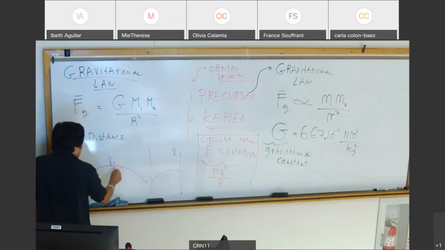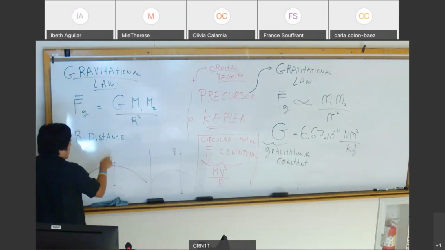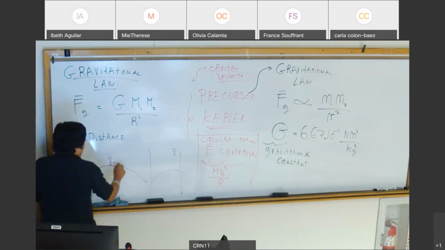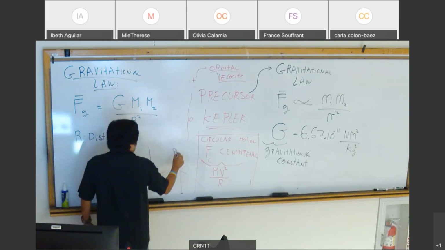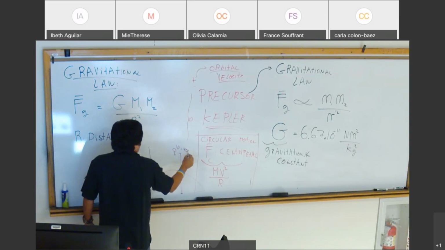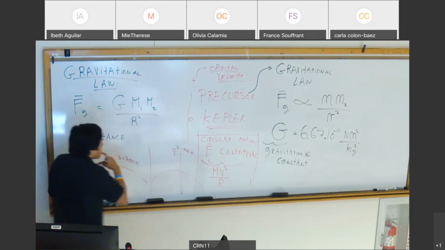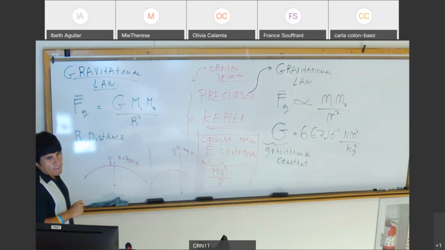Here you are closer. At this point, your weight could be 700 newtons. In this case, your weight could be 400 newtons. Where did the other 300 go?